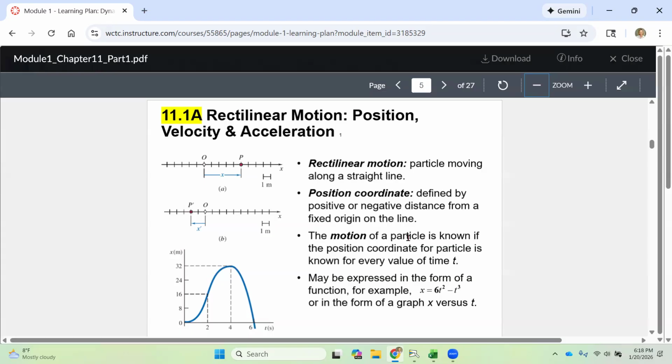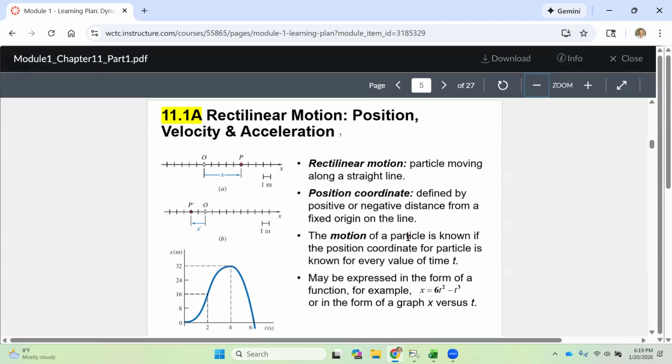If it's up, that's most often positive, and going down is negative. But you can always change that convention by defining it at the beginning of a problem. So if all of our stuff is going to the left, instead of dealing with all negative numbers, you can say going to the left is positive. Does that make sense?